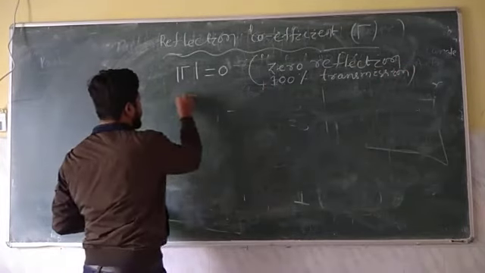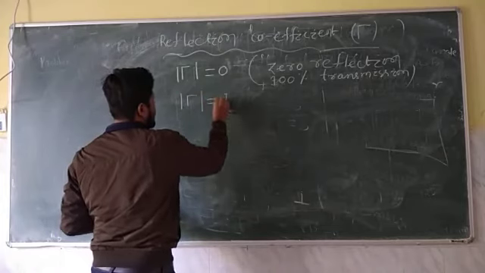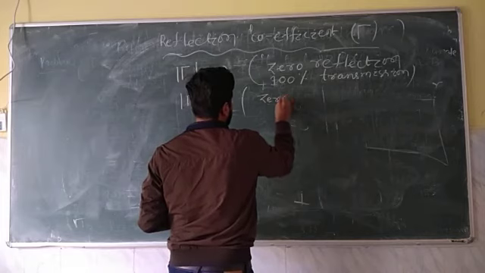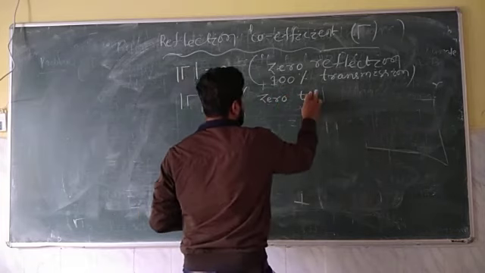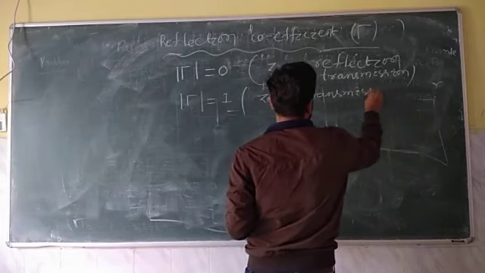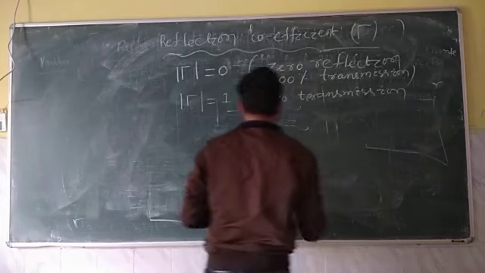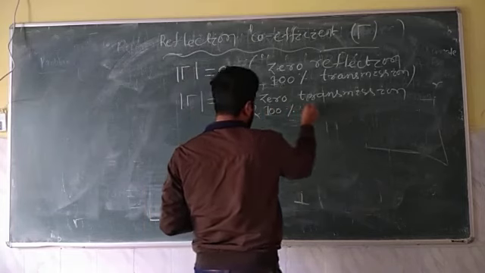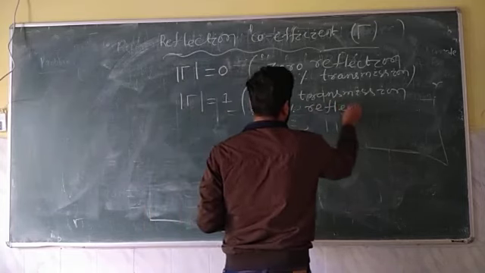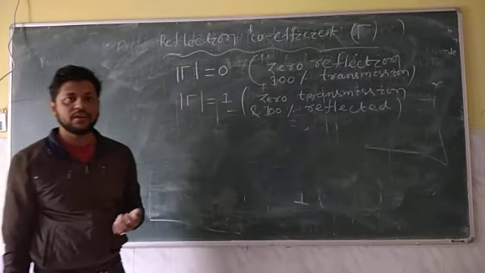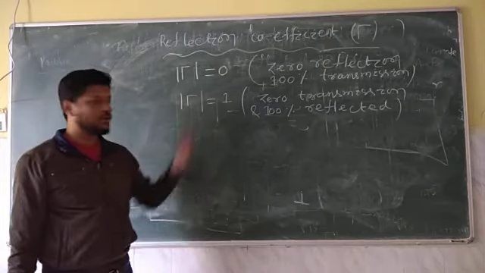When gamma is equal to 1, that is 0 transmission and 100% power will be reflected back. So gamma is equal to 1.